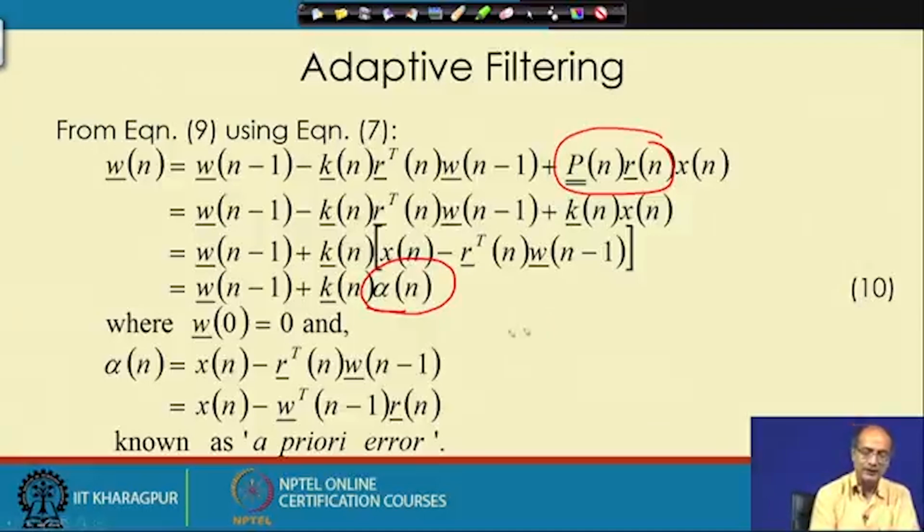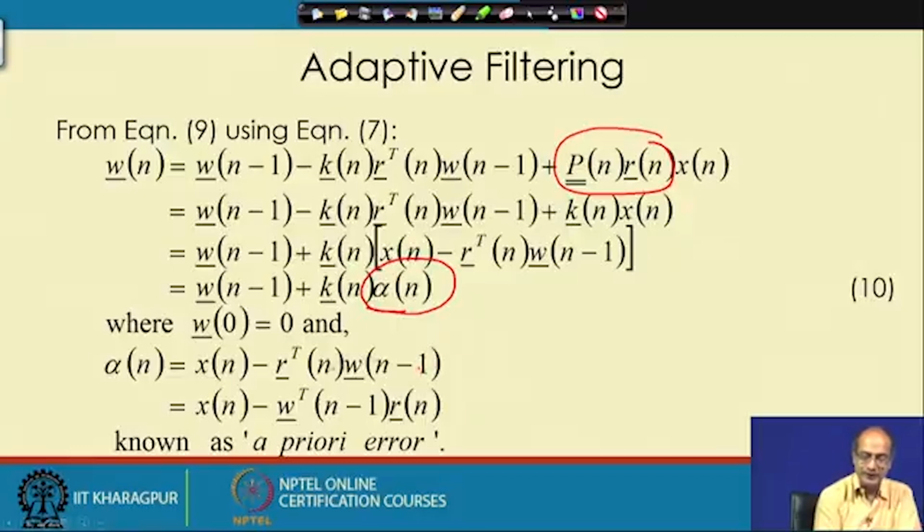Now, if we at the beginning initialize with 0, then we can write that alpha is nothing but xn minus the dot product of the reference signal and the previous tap weight, that means the tap weight at the previous instance.